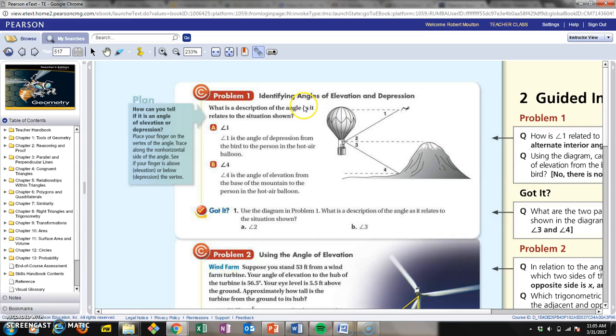So here we're going to identify angles of elevation and depression. If we look at angle 1, it's the bird looking down to the person. That would be a little bit scary, but that would be an angle of depression from the bird to the person. Number 2 would be an angle of elevation from the person looking up to the bird.